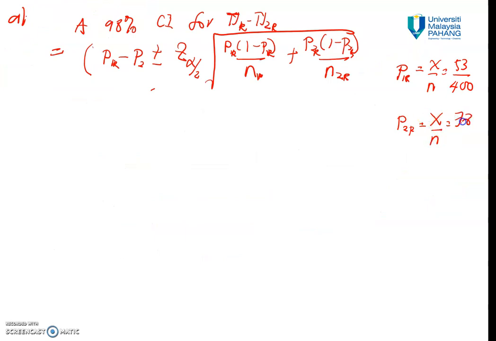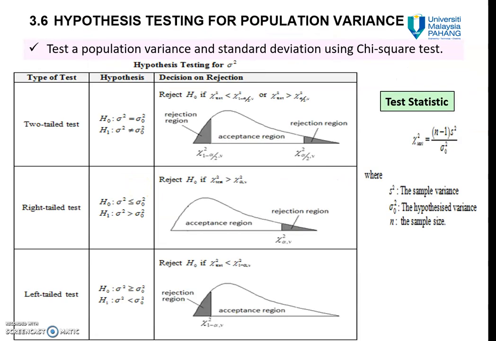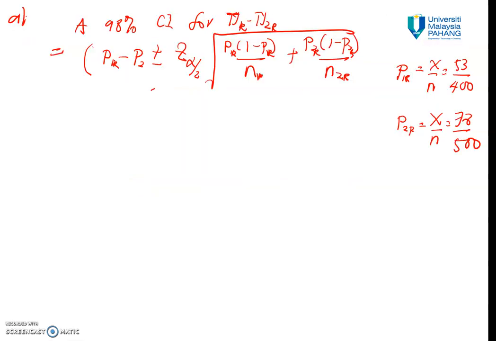If you calculate using a calculator, you will get 0.1325, and for the other one, 0.1560. Make sure you use 4 decimal places.